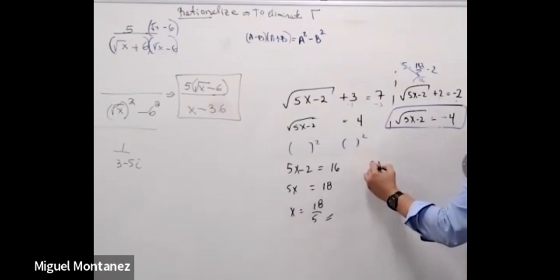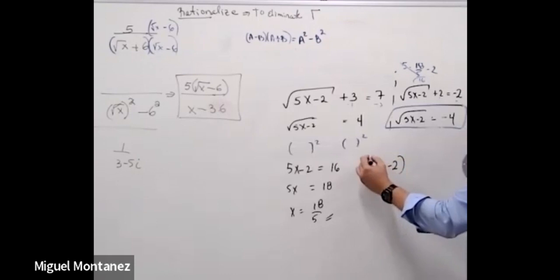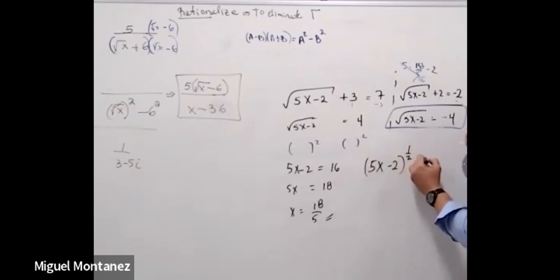I'll ask him later. If I have 5x minus 2 raised to the 1/2 equals -4, what can I conclude? Well, you would have to make it a radical, no? So it'll be the radical of 5x minus 2, and it's still -4.